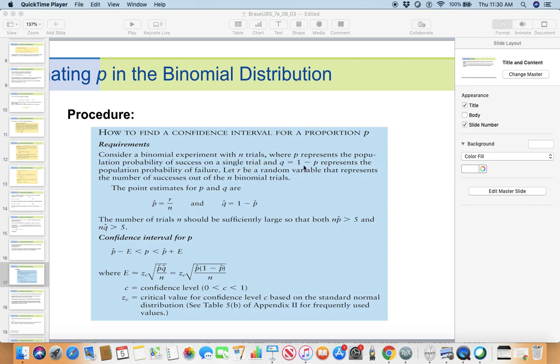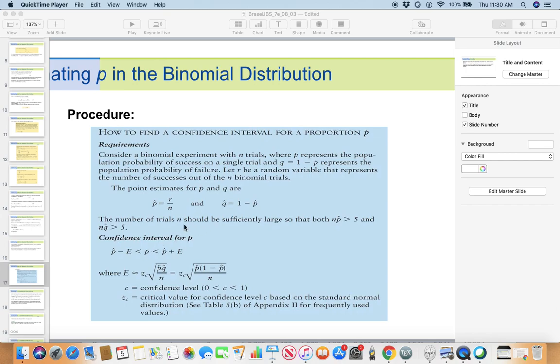Q represents 1 minus P, that is the population probability of failure on a single trial. Let R be a random variable that represents the number of successes out of n binomial trials. The point estimates for P and Q are the following. P hat is R over n, Q hat is 1 minus P hat.